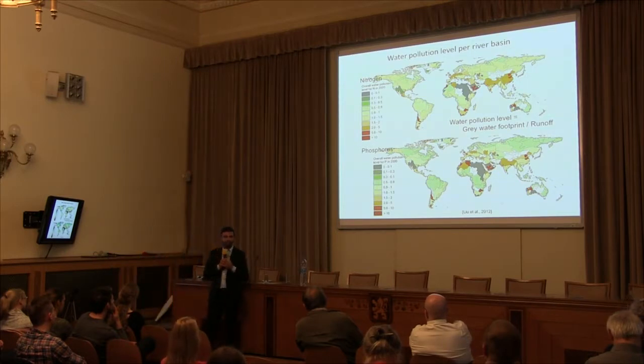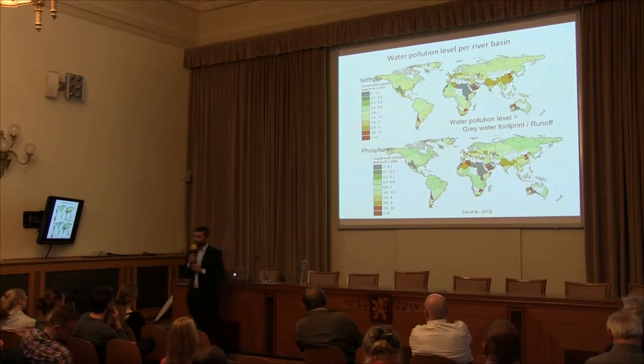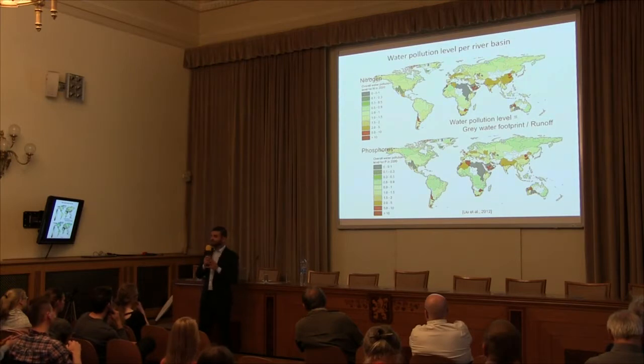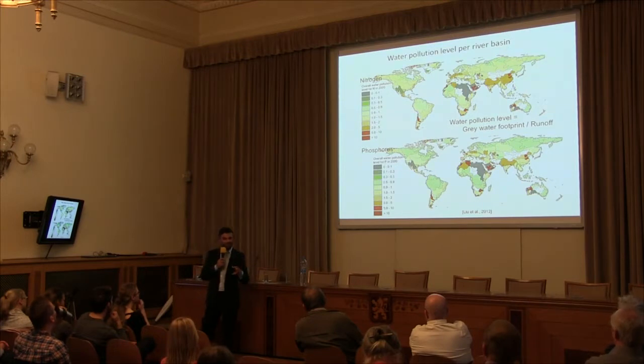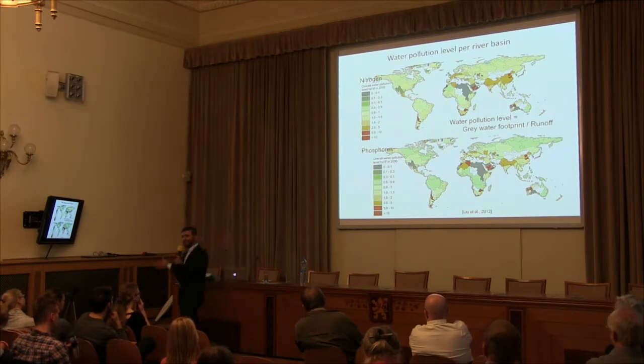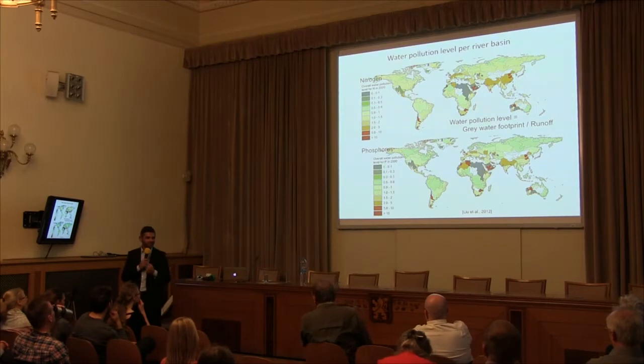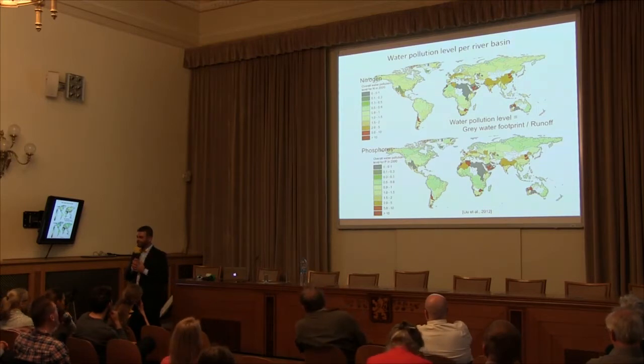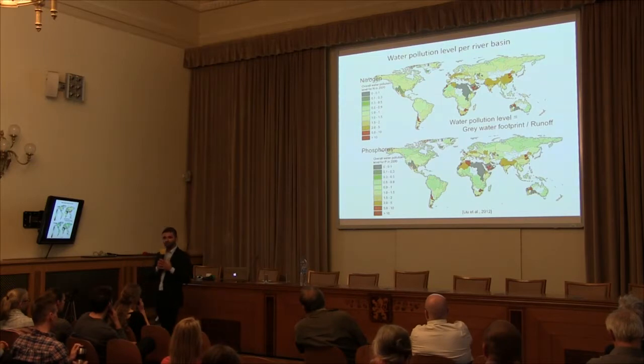Why? The reason is simple. In summer periods, they use more water, so there is less water in the river. So although you discharge the same amount of pollutants into the river, the concentrations become so high that it becomes impactful and harmful.